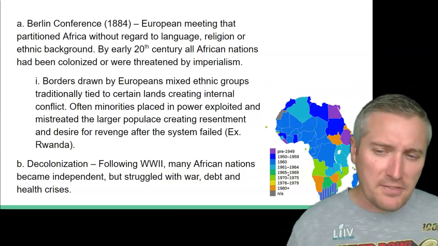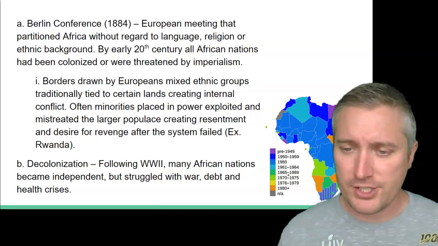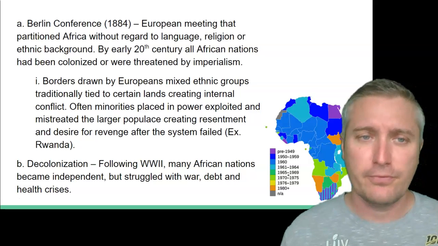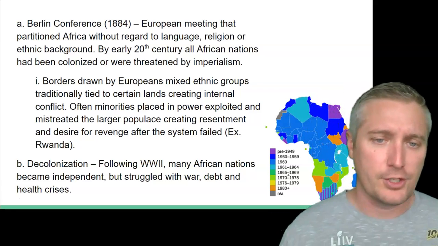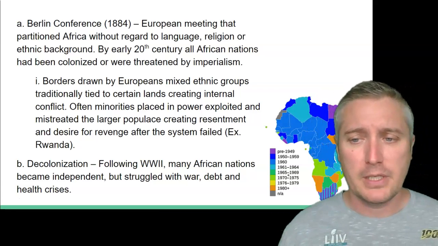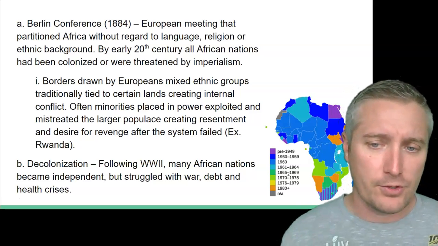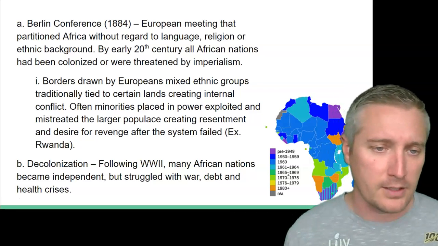So this really sets the stage. Berlin Conference, when they start basically assigning borders in Africa, this really sets the stage for the failure, 100 years, 75 years later, when all these Europeans leave. Because after decades of exploitation, sometimes they would work with a certain ethnic group, and I'm thinking about Rwanda here.